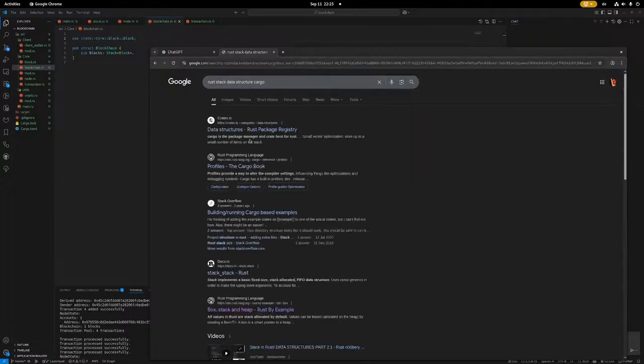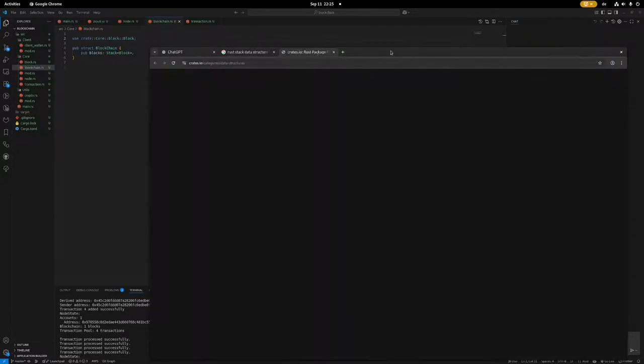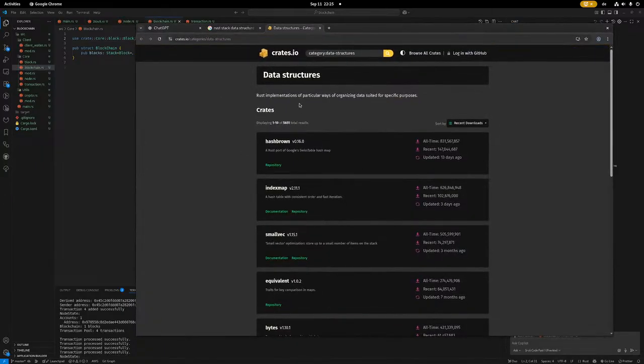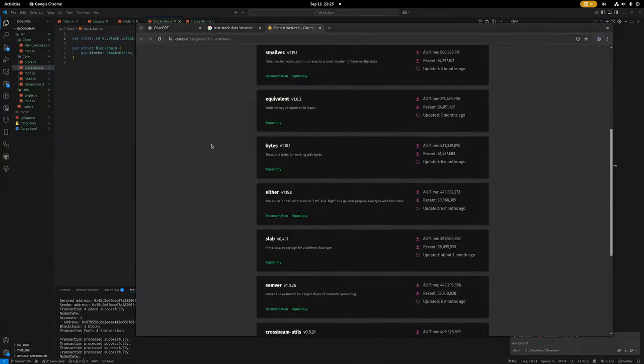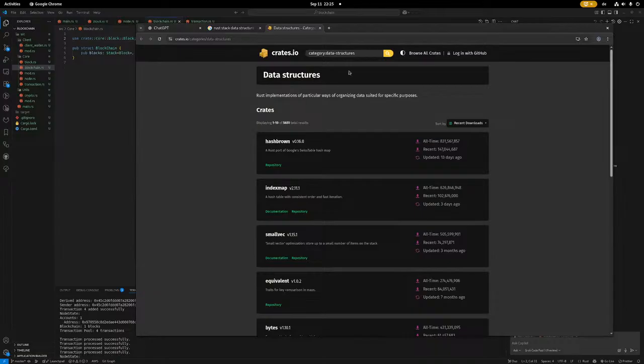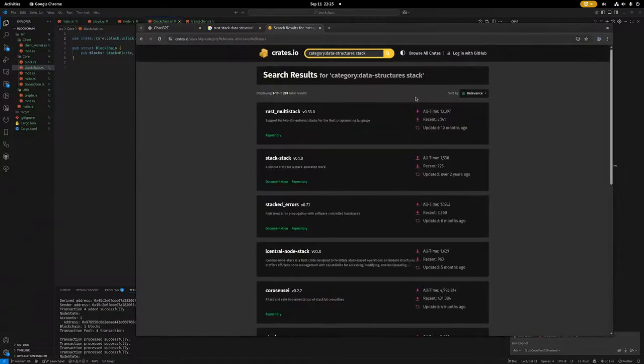So I gotta install an extra crate for a stack? Really?